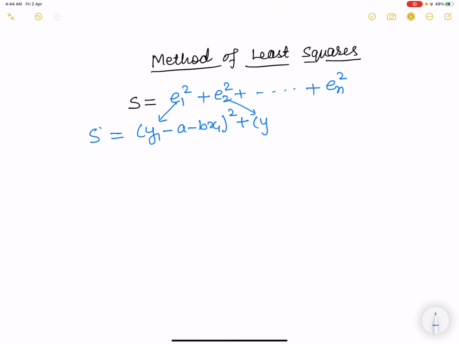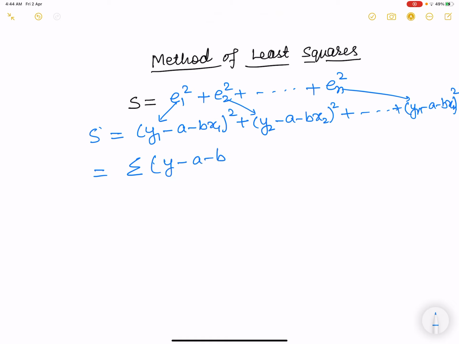It was (y2 minus a minus bx2) square. Similarly, what is En? It is (yn minus a minus bxn) whole square. So this is basically sigma (yi minus a minus bxi) whole square, where i is running from 1 to n.